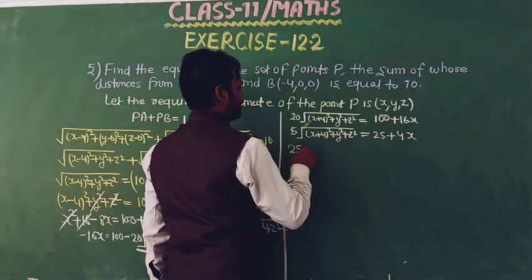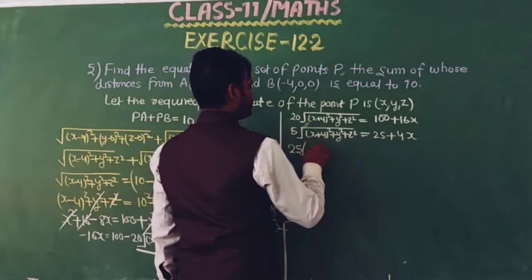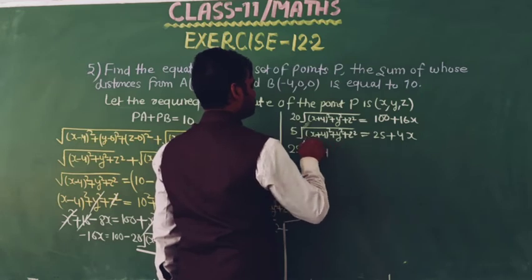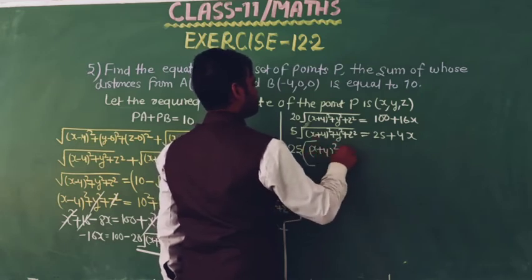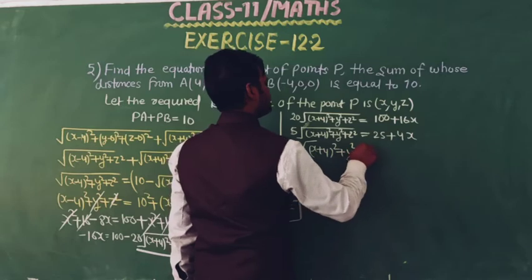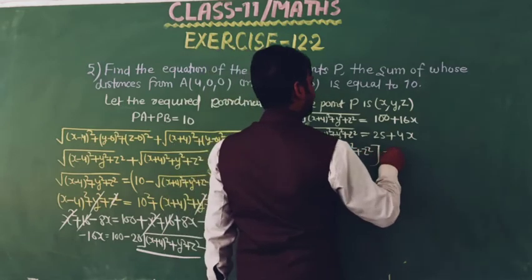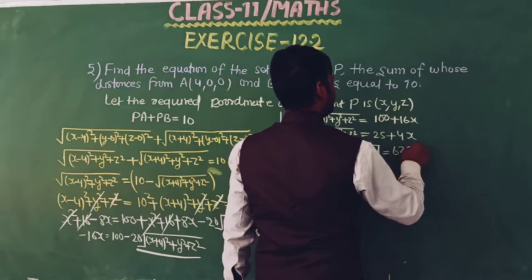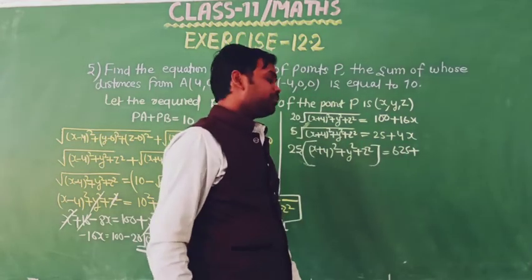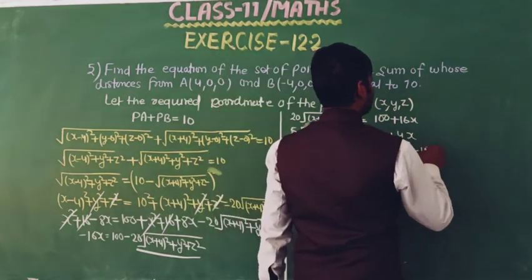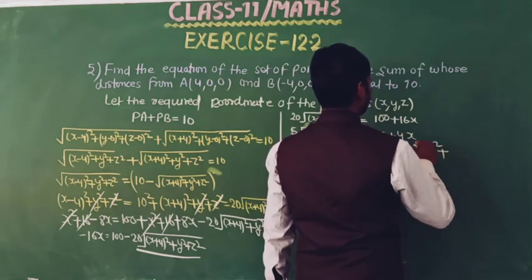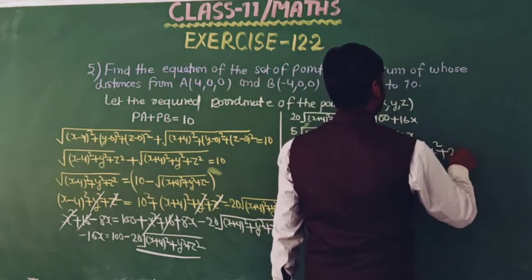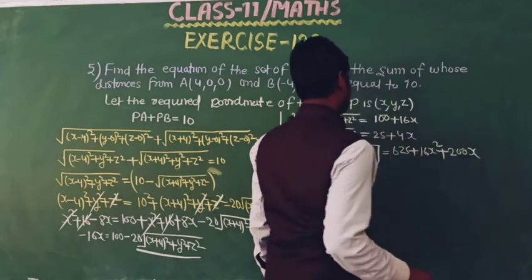This is 25 times x plus 4 whole square plus y square plus z square, and this is 625, 25 squared, and 4 into 4 is 16x square plus 100 plus 200x.